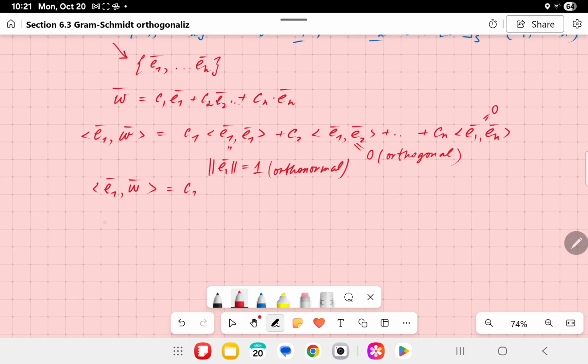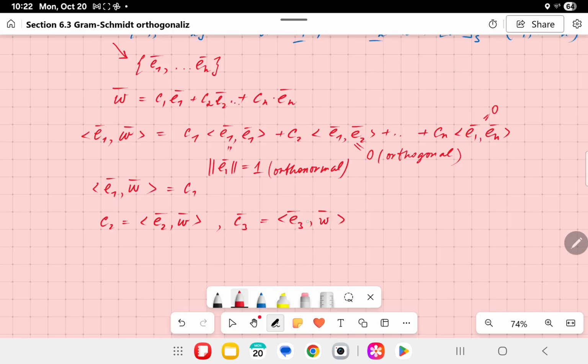And that's going to be true for all of them. So C2 is going to be E2 with W, and C3 is going to be E3 with W. We can just repeat the process: multiply the same equation by E2, E3, E4. The only element which is not equal to 0, because the basis is orthonormal, is the element which corresponds to the constant.